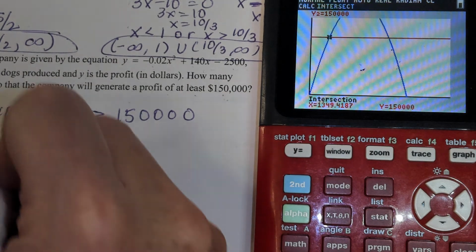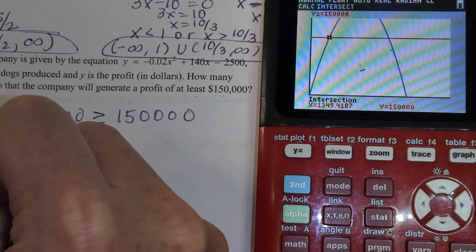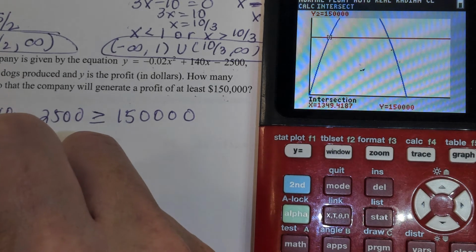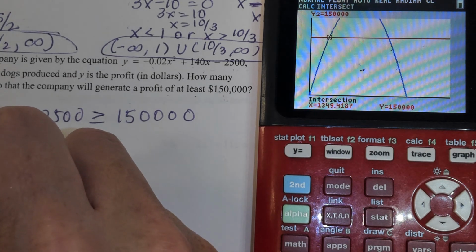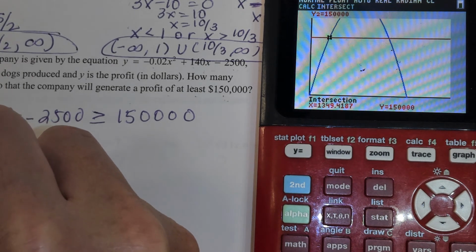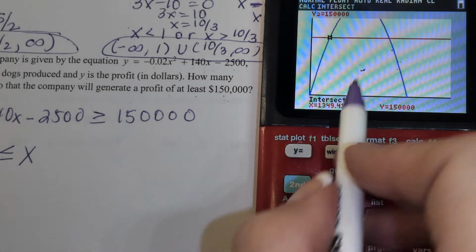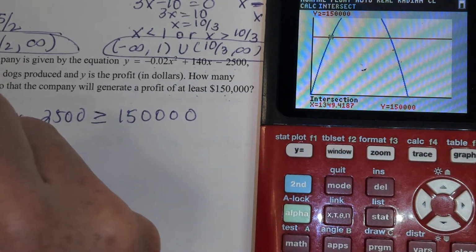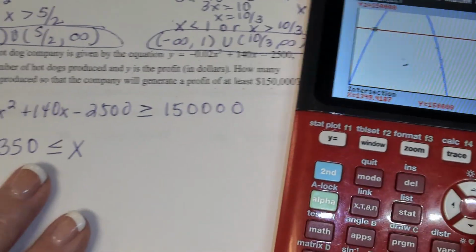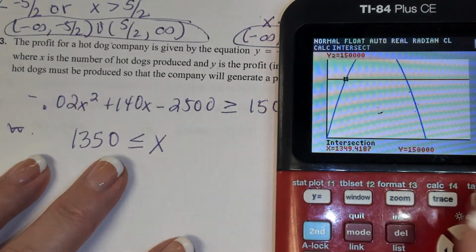So I know that x, my number of hot dogs, is going to need to be greater than, or it could even be equal to, 1,350. That would do it.